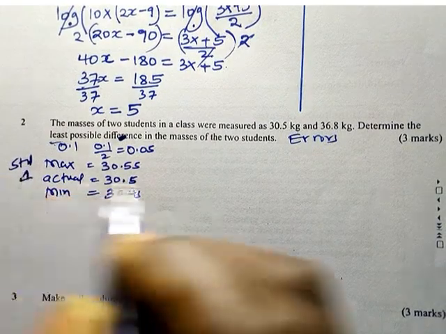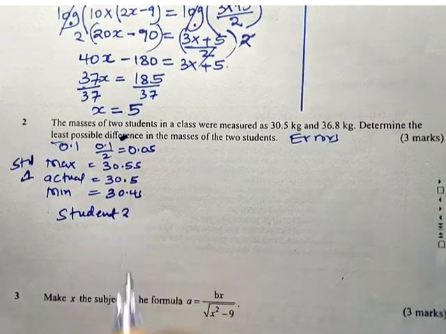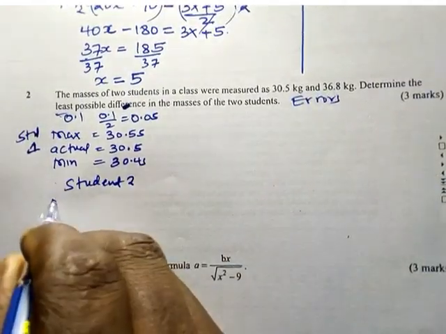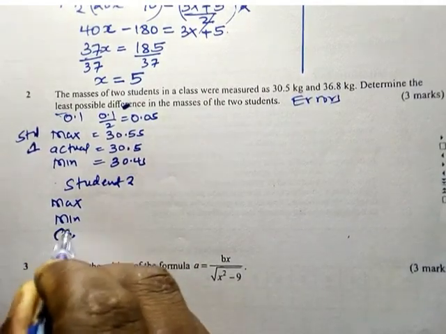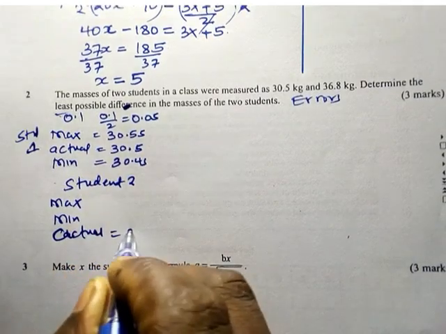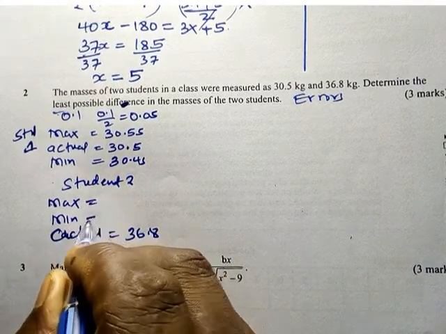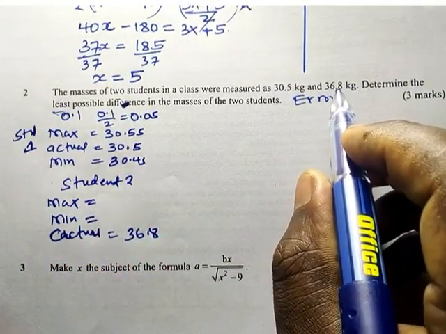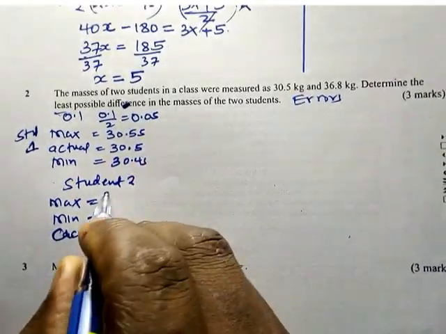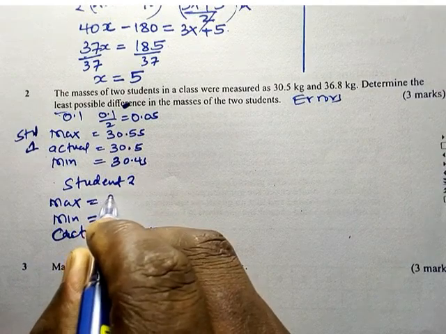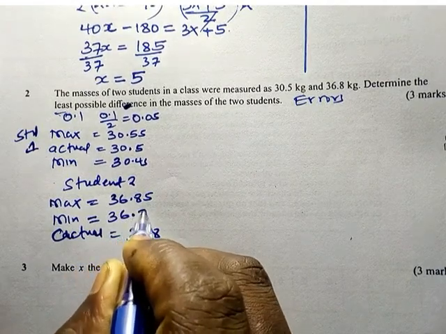We will do the same for student 2, with this mass: the actual is 36.8. The maximum, we add 0.05, the absolute error, which gives 36.85, and the minimum is 36.75.